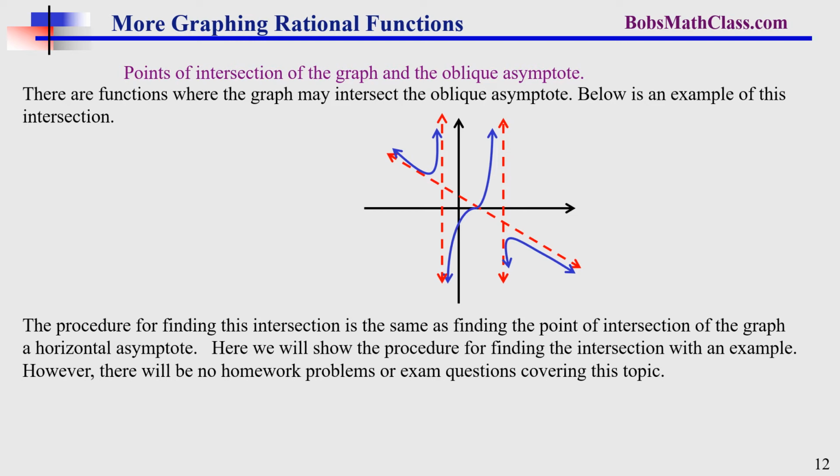So we'll talk about the procedure. However, if you're in my class, I don't really have any homework problems or exam problems covering the topic. I just wanted to go through the process for you in case you're in another class where that teacher does expect you to know how to find the intersection of a graph and an oblique asymptote.